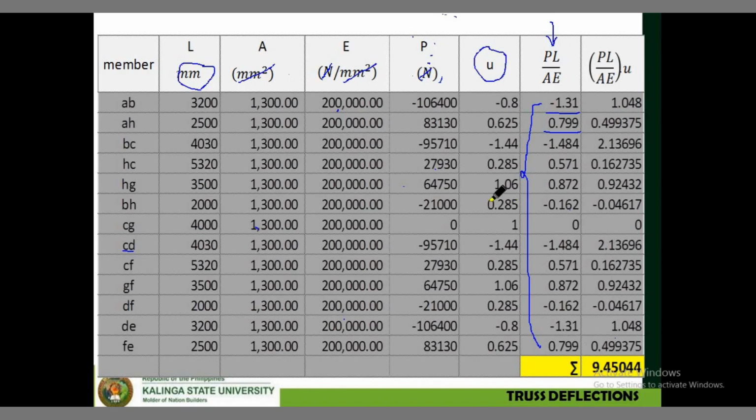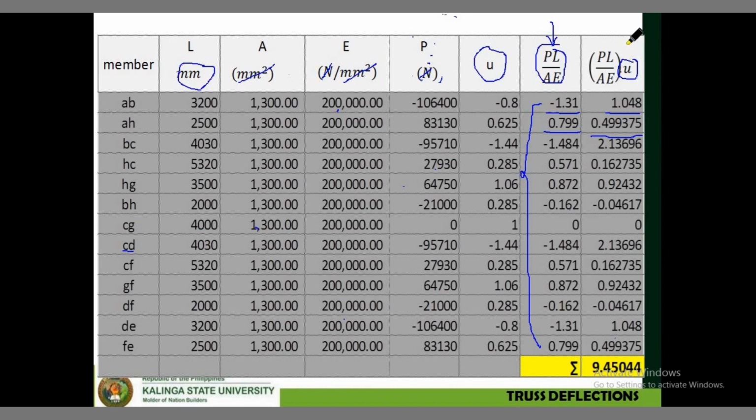Okay, doon ko nakuha. After na nakuha ko si PL over AE, I multiplied that by U. So, negative 1.31 times negative 0.8, that is equal to 1.048. 0.799 times 0.625, that is equal to 0.499375, and so on and so forth.